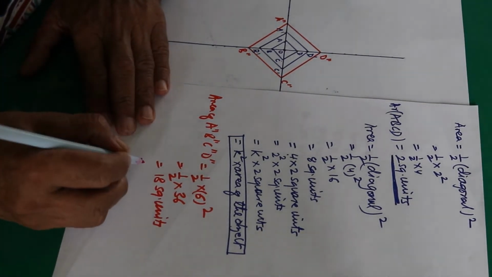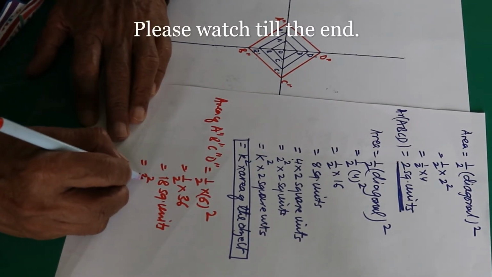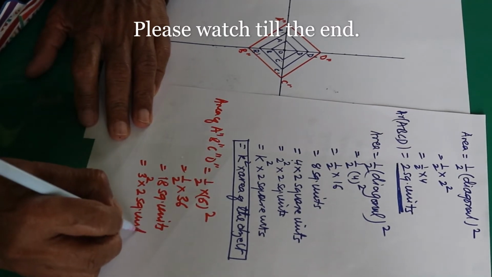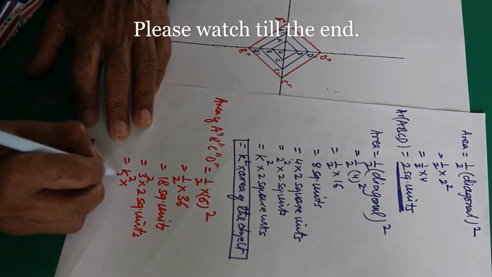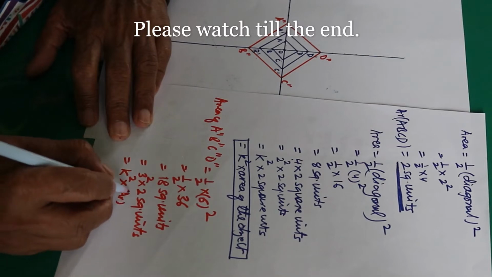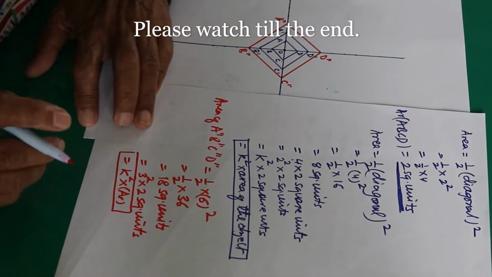So 18 square units is 3 square into 2 square units, and this 3 square is the scale factor square, into 2 square units, the area of the given shape, the object figure.